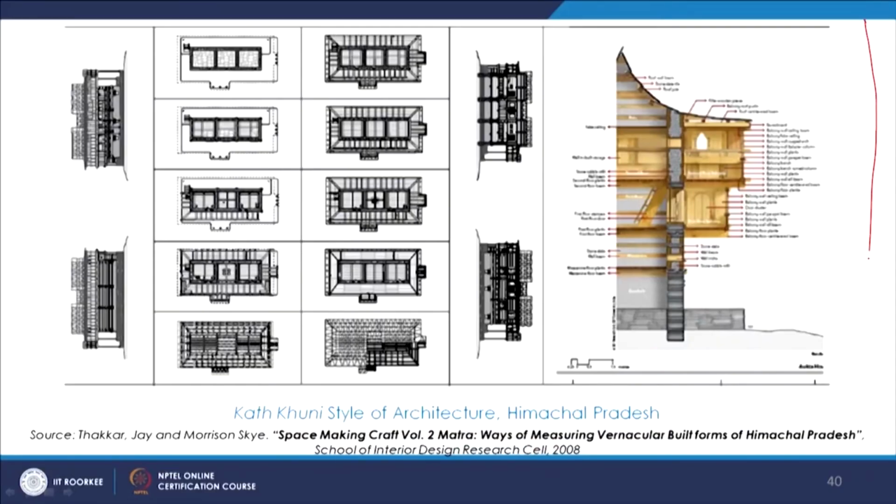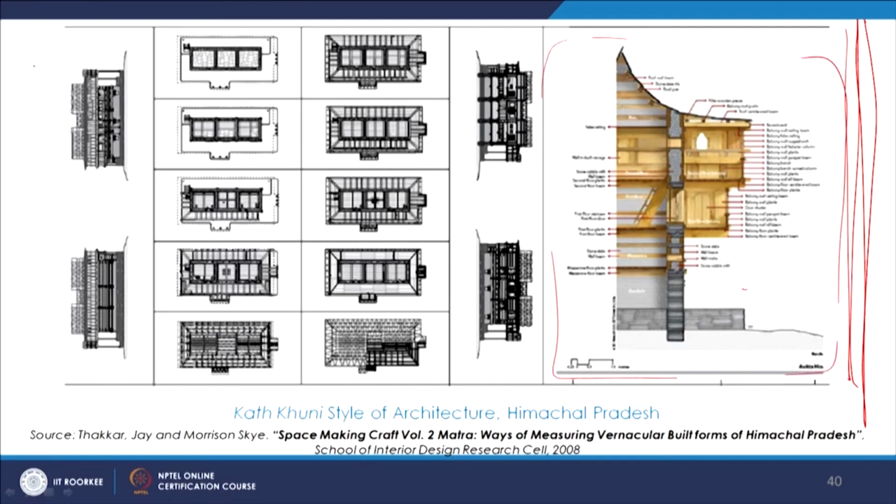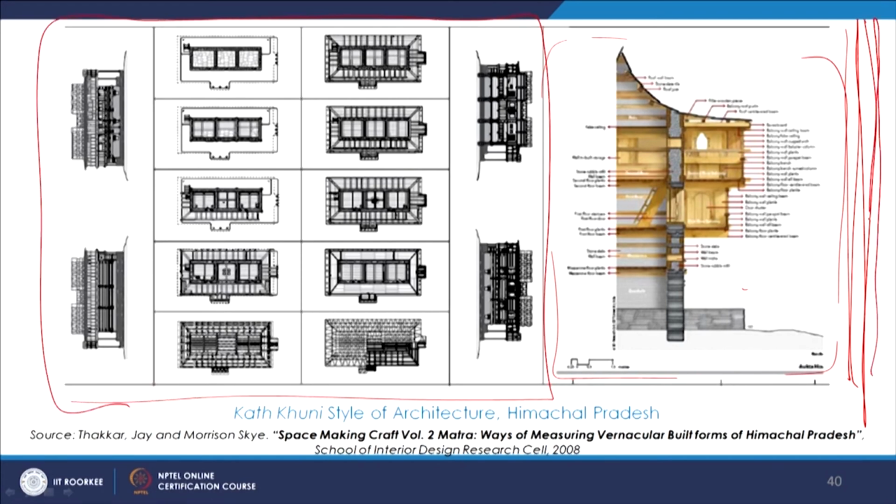This same thing here, this is the drawing from Himachal, and what we see in the Koti Banal architecture, a similar example here we see the Kathkuni architecture. Here also there is this system in place, and the book Matra has very elaborately described all the classification, the house typologies and the principles of making different layers from the bottom to the top.